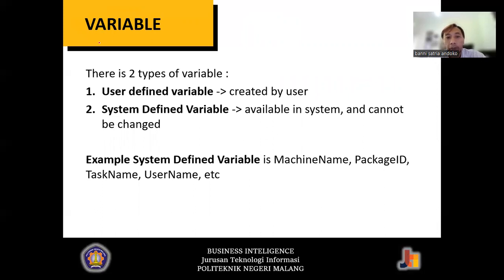Examples of system-defined variables are the machine name, package ID, task name, username, and so on. Basically, this variable can be called whenever you need it, but the key point is you cannot change the name of the variable.